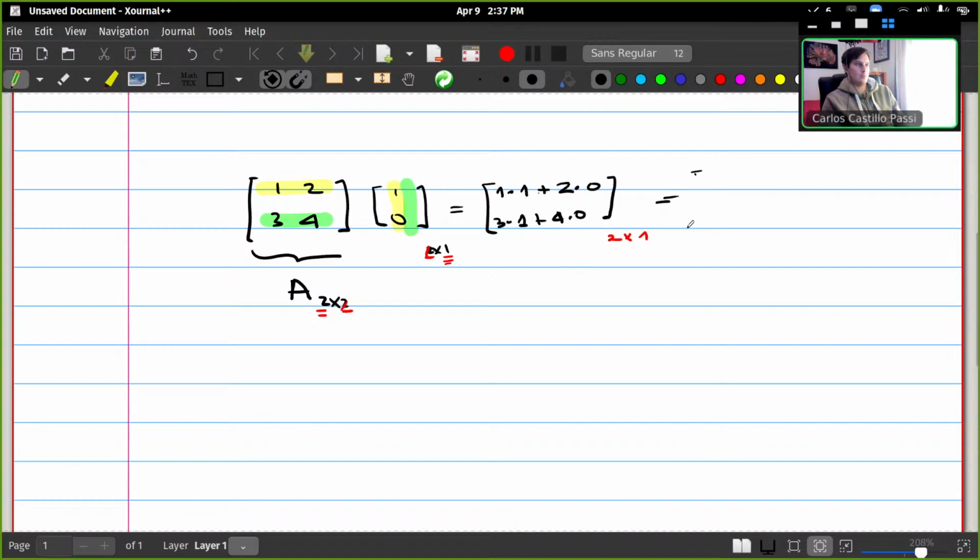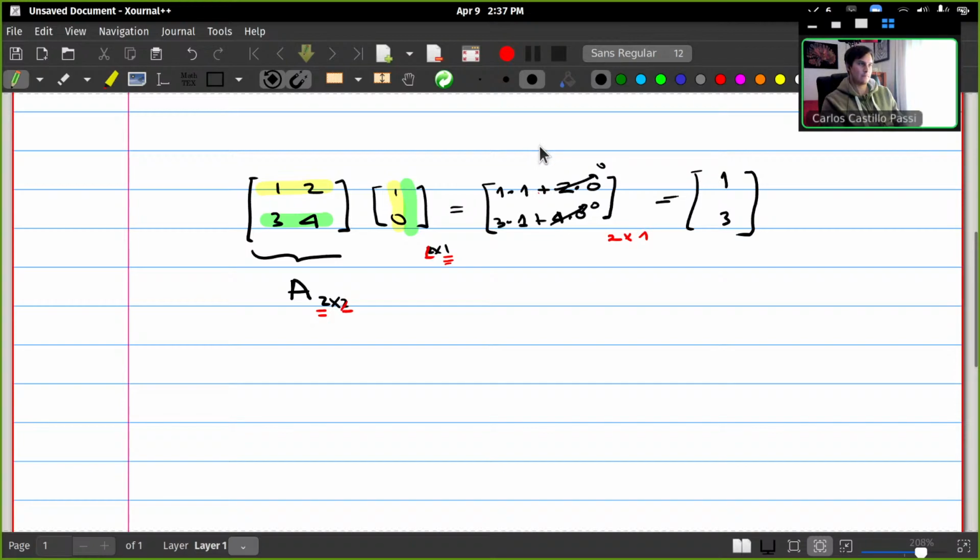If you do the multiplications, you will get 1 and 3, because if you multiply by 0, it will disappear. This goes to 0, this goes to 0. Maybe that answers your question.